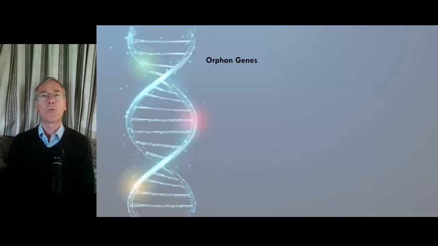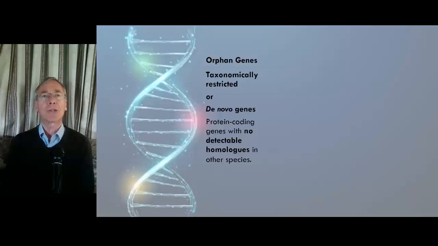The first is orphan genes. Orphan genes are also called taxonomically restricted genes or de novo genes, and they're basically protein coding genes with no detectable homologs in other species. Now, the word orphan derives from the term open reading frame, which is basically a section of DNA that can be read to produce a protein.